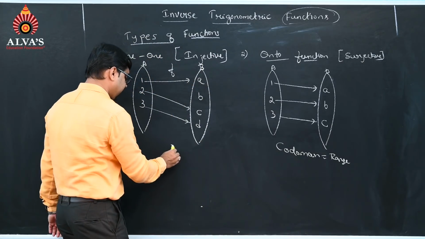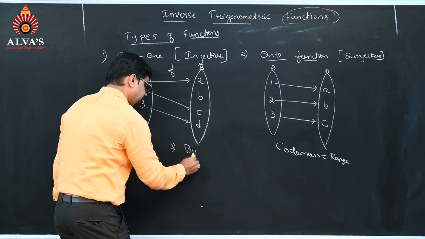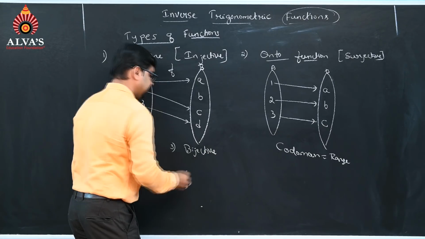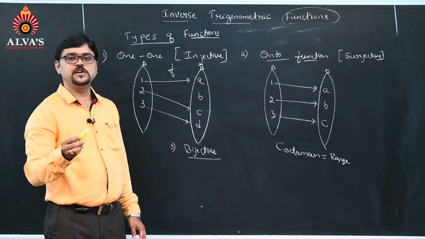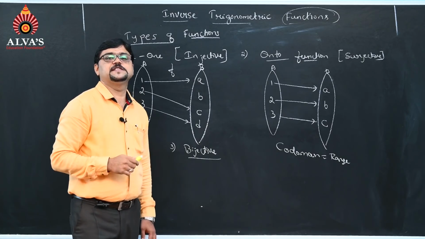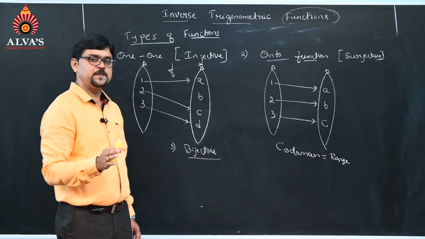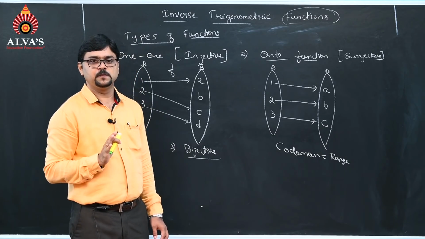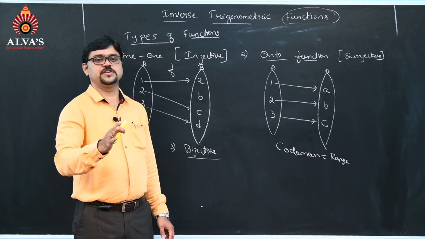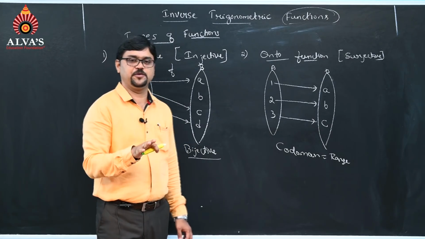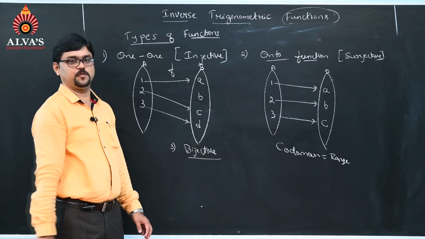Now the third one is bijective. What is the meaning of bijective function? A function f from A to B is said to be bijective if it is one-one and onto. Students can easily remember the definition: a function which is injective and surjective is called bijective.